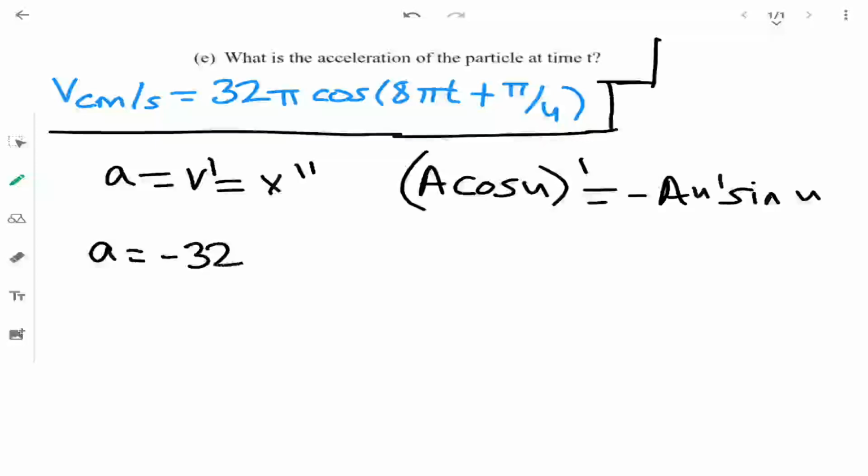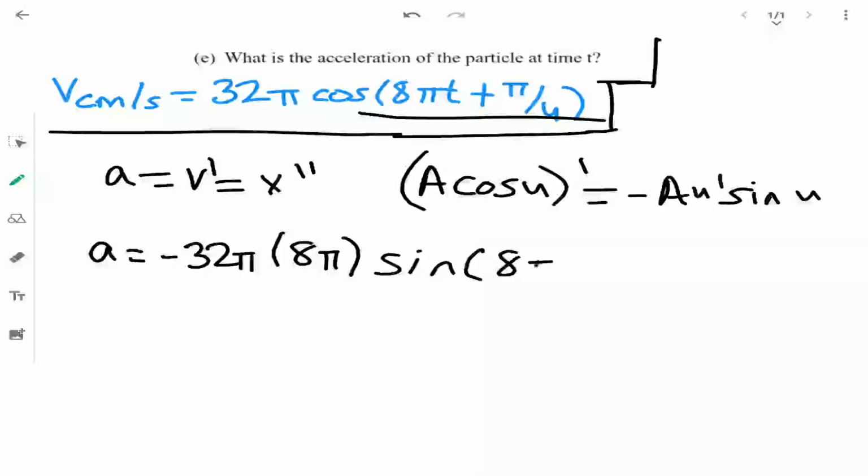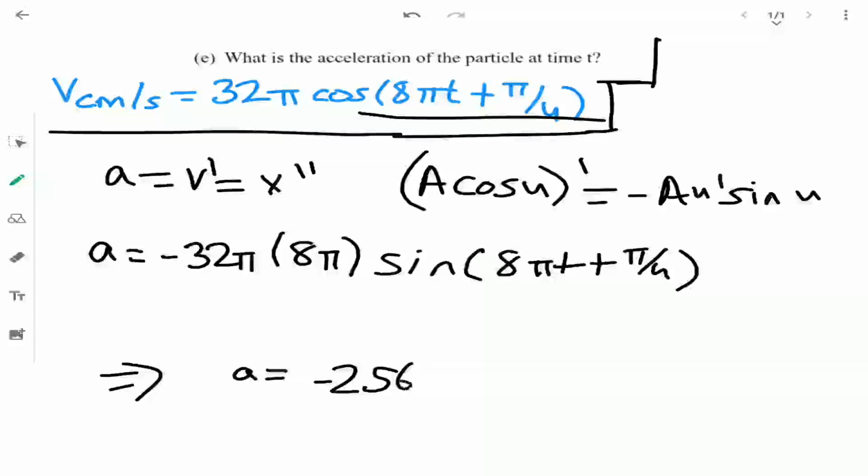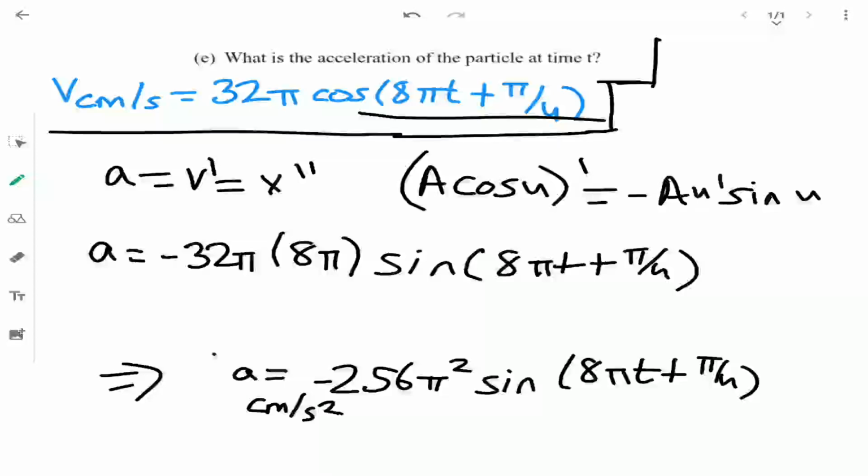Now when you derive all of this, you get 8 pi sine, and we keep everything the same, 8 pi t plus pi over 4. Simplifying further, we get a equals negative 256 pi squared sine, and we keep everything the same. But wait, we're forgetting something very important, the unit. The unit for a in this question is supposed to be centimeters per second squared. And there we have it. That's the acceleration.